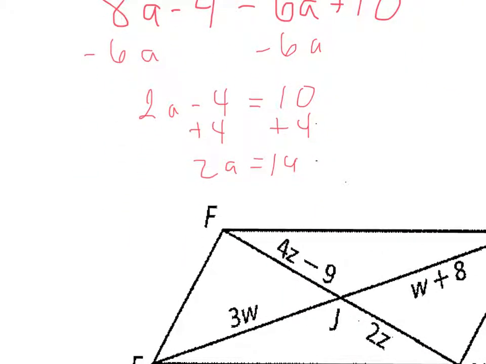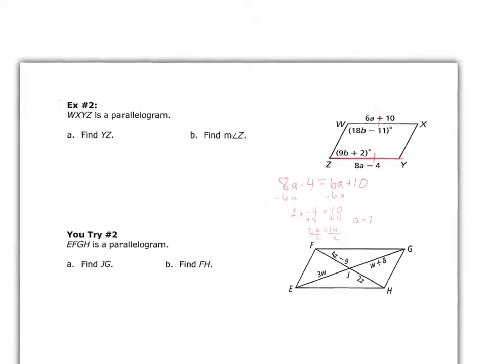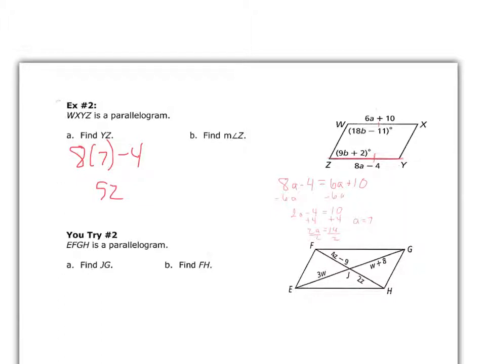Lastly, if you divide by 2 on both sides, that gives you A equals 7. So we found our variable, but now we need to plug it in. We wanted to find YZ, so we have 8A minus 4, so let's plug in 7. 8 times 7 minus 4 is 56, and minus 4 is 52.